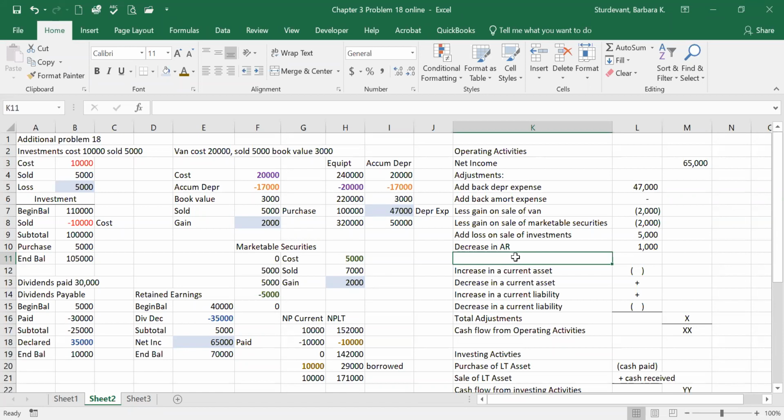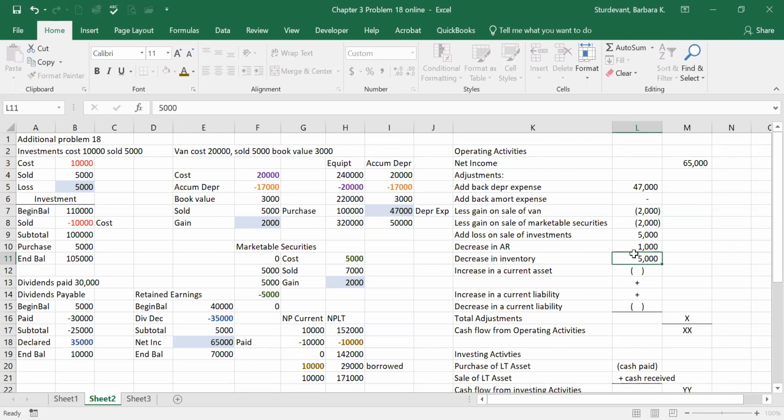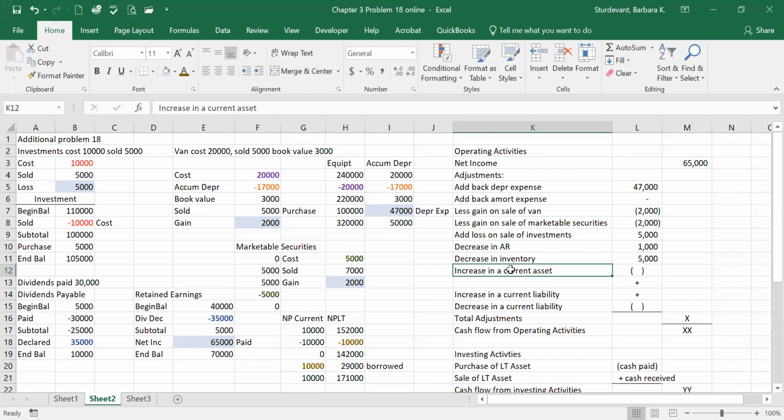Okay. What would come next after accounts receivable would be inventory. Okay, and what did inventories do? Inventory had a decrease of $5,000. Okay, so we have a decrease in inventory.